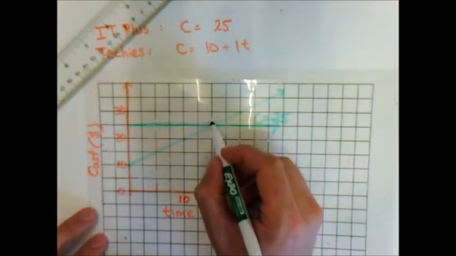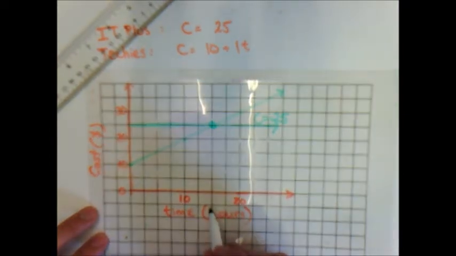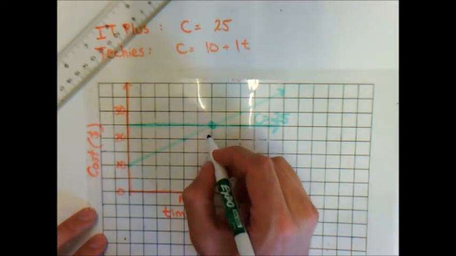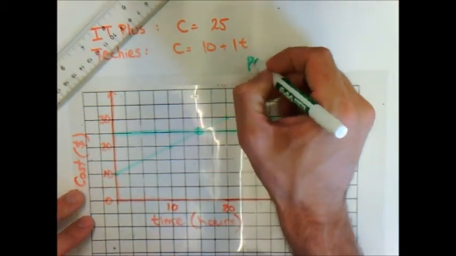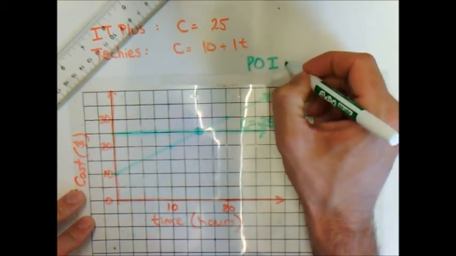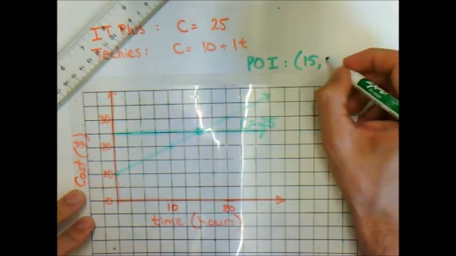And we can see here our point of intersection happens at 15 hours. So the point of intersection here is (15, 25).